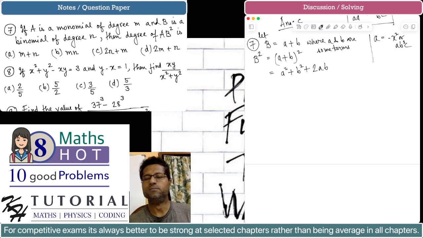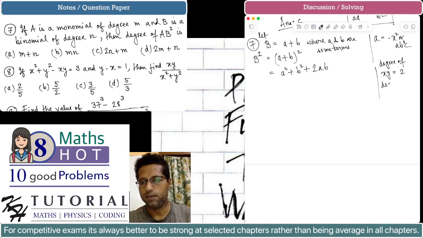Now, definitely one of the terms a and b must have the degree n. So if a is the term that has degree n, then a square will have degree twice n. Try to understand this point: the degree of xy is equal to 2, because the sum of the powers of x and y is 1 plus 1 equals 2.